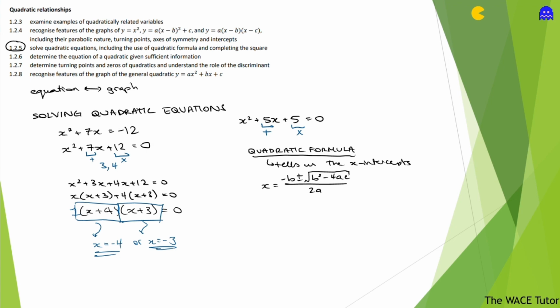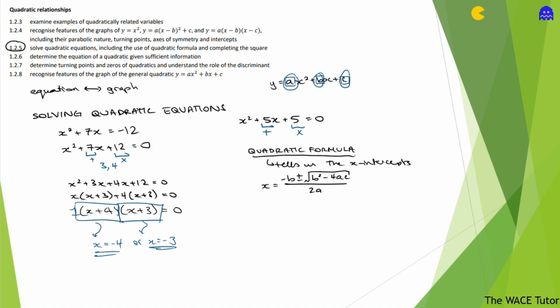So, let me explain. We have our general form here, y equals ax squared plus bx plus c. And so that's what these variables relate to. This b is your coefficient of x, this a is your coefficient of x squared, and the c is your constant term.